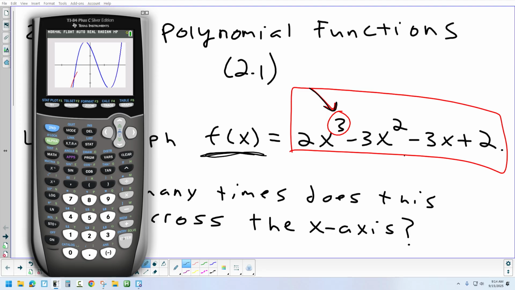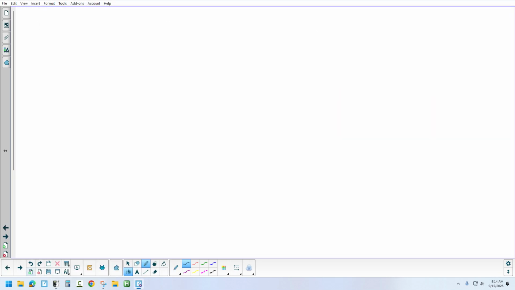But now look at the red one. It looks like once. Yes, it is just once, right at the origin. So even though the highest exponent is a 3, it is only crossing 1 time. So cubics can have 3 different scenarios. There's a cubic that crosses 3 times.